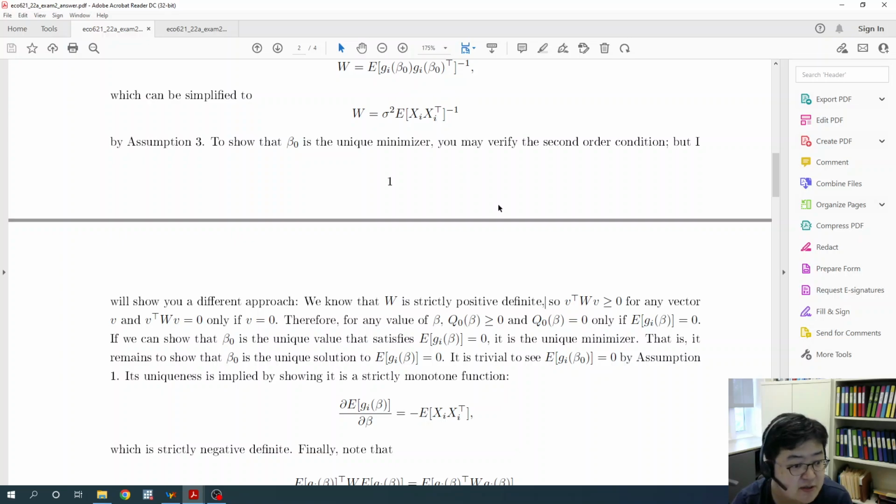Mathematically, a strictly positive definite matrix satisfies this: for any vector v, the quadratic form is greater than or equal to 0, and it equals 0 only when the vector is 0. So 0 is the only solution that makes it 0.